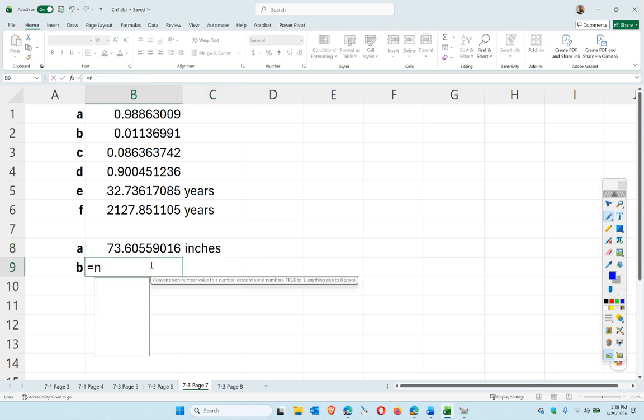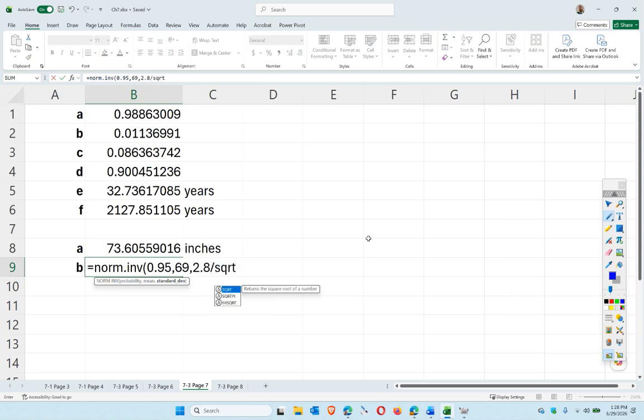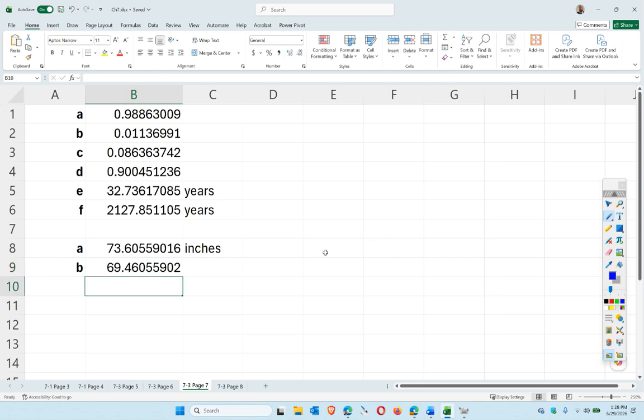However, if I do normal dot inverse 95th comma 69 comma 2.8 divided by the square root of 100, I'm going to get this number of inches. Okay, so that's the individual 95th percentile, that's the group 95th percentile. Interesting.